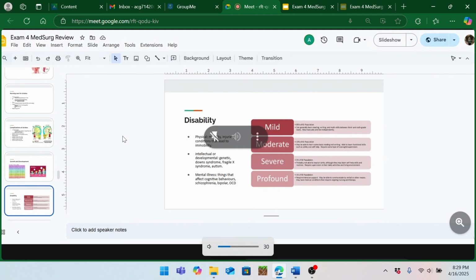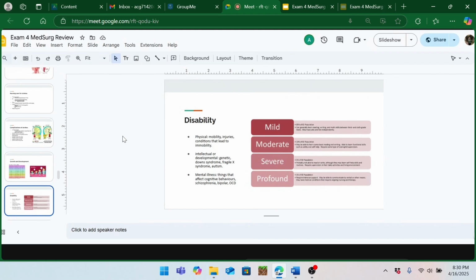Physical, that has to do with their mobility and injuries that they've had, physical injuries. Intellectual or developmental, your genetic abnormalities like Down syndrome and Fragile X, autism.